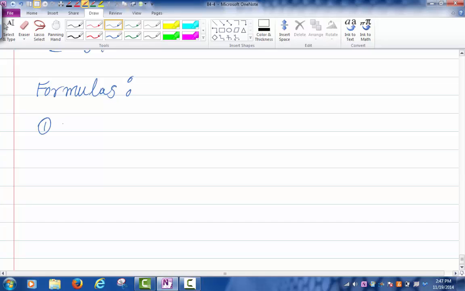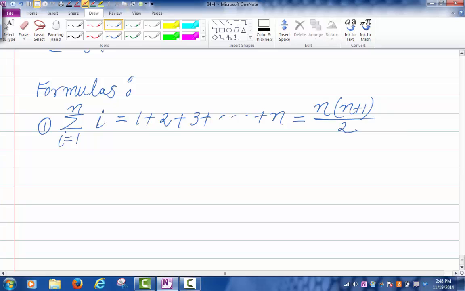Number 1, if I take the sum i going from 1 up to n of i, that sum is basically 1 plus 2 plus 3 plus dot dot dot plus n, right? The first summand is 1, the second summand is 2, and so on. And what is that sum? Well, we have a formula for that. It says that that sum is n times n plus 1 divided by 2.